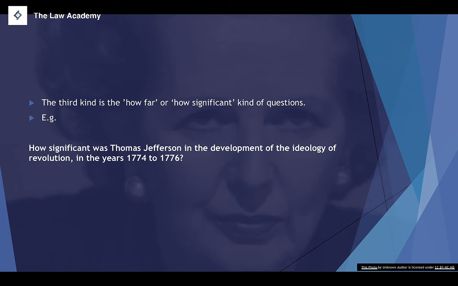It's asking you to effectively assess the significance of Thomas Jefferson in the development of the ideology of revolution between 1774 and 1776, and so, again, the way in which you answer these questions is no different for each of the types, but I just thought it would be important to reference the kinds of questions that you might be asked in case that might throw you in an exam.